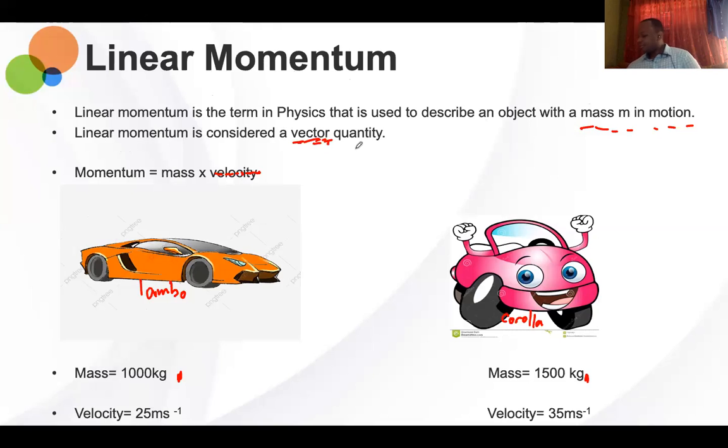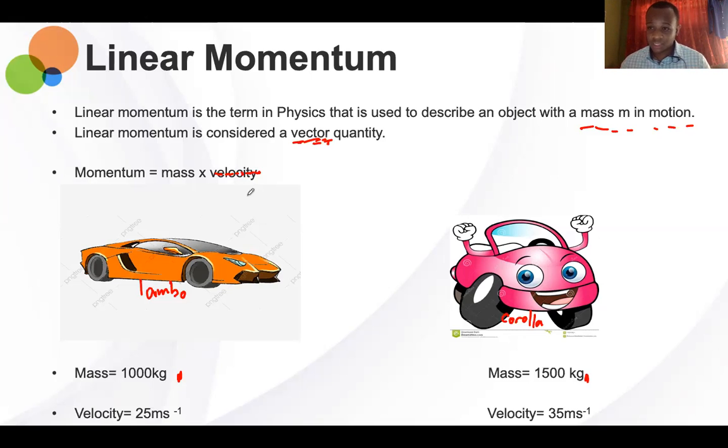Why is this the case? It looks at the size and direction too. Size and direction. But what in the formula comes with size and direction? Velocity. Right. So velocity looks at the size, the magnitude of the speed, and also the direction.